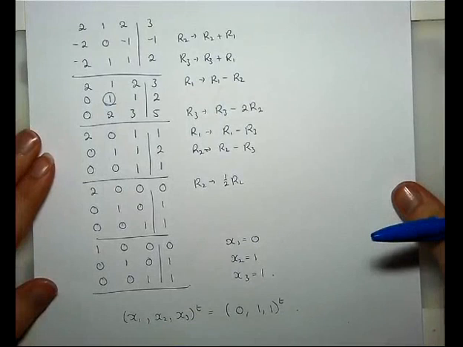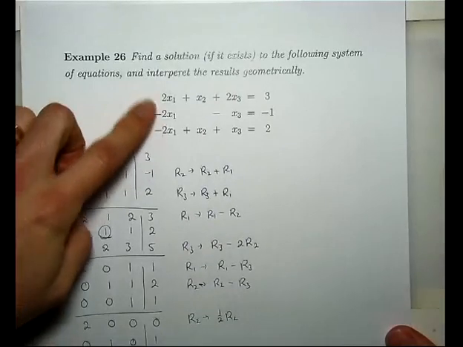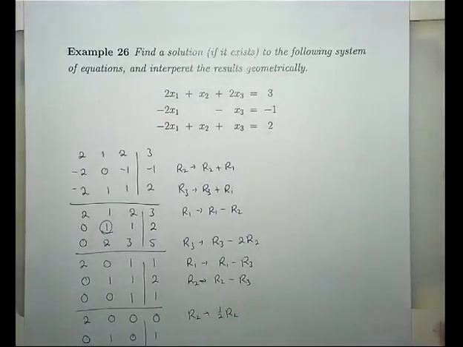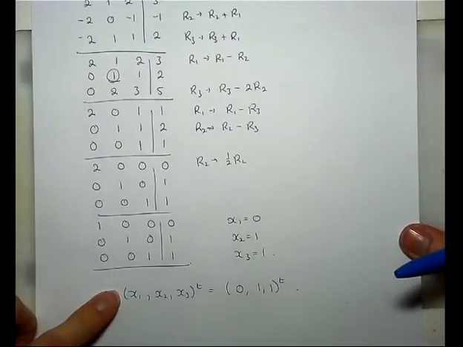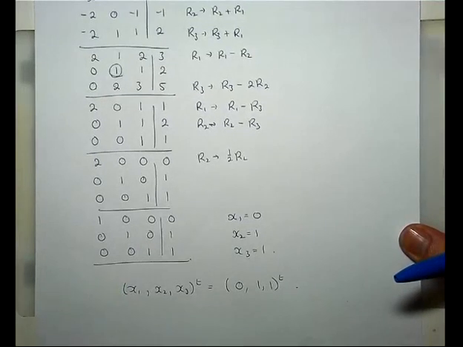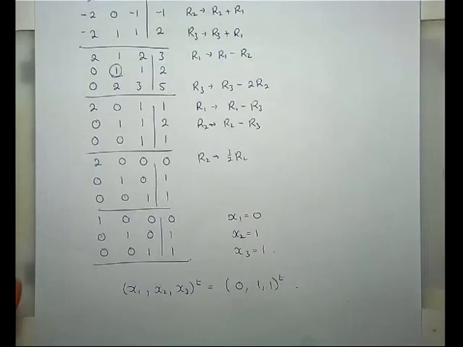Okay, what's going on here? Interpret the results geometrically. What are we starting with? In 3 dimensions, there are 3 planes. Beautiful. And what are they doing? Intersect. Yes, at one place. Who said that?